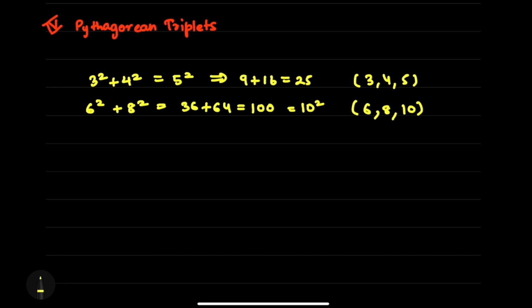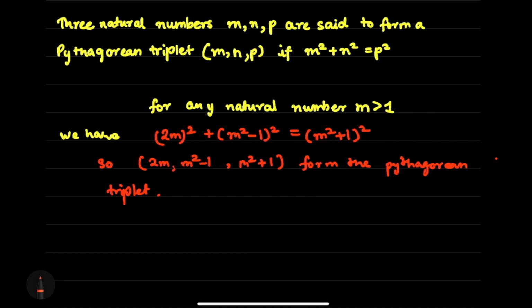There's a simple formula to know whether a natural number comes within a Pythagorean triplet, or a Pythagorean triplet exists around that number. If we have three natural numbers m, n, and p, they are said to form a Pythagorean triplet m, n, p, if m square plus n square is equal to p square. We have already understood this through the example before.